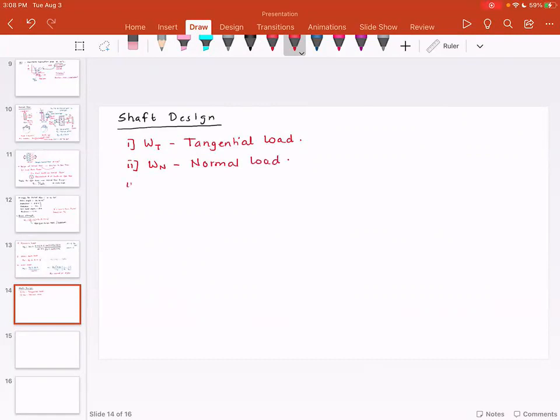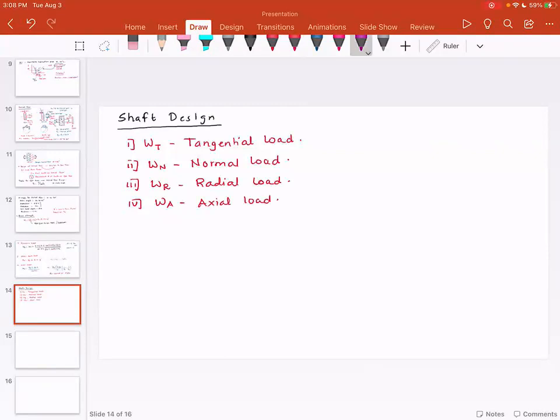Then we are gonna have WR, which is the radial load. And we are gonna have WA, which is the axial load.